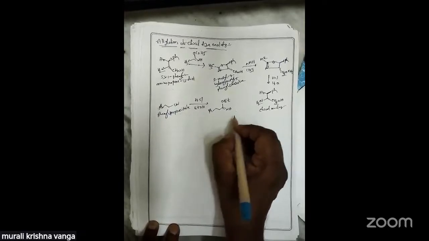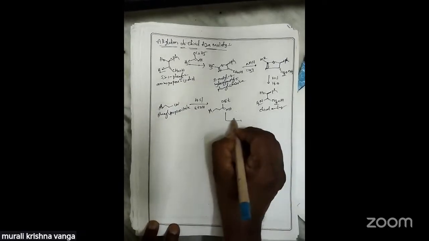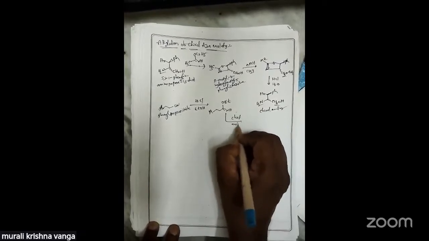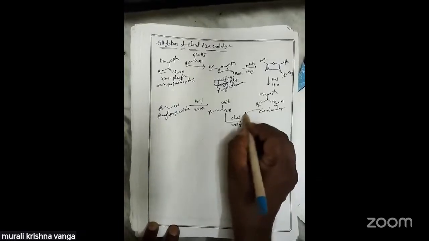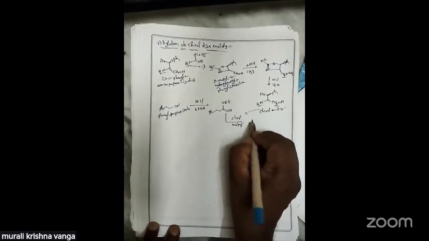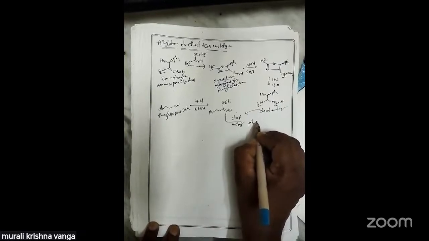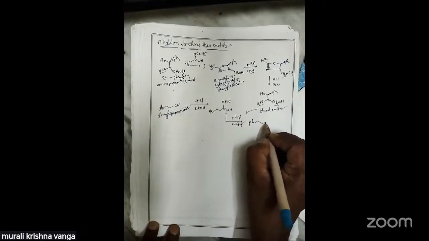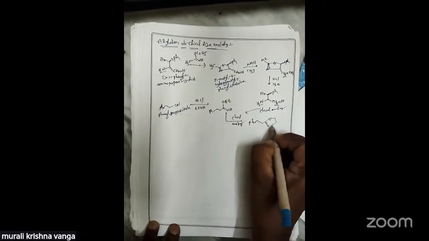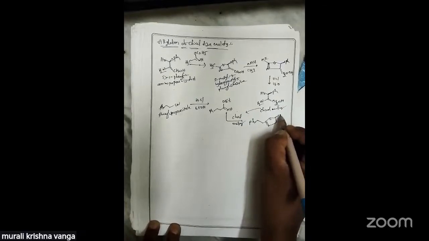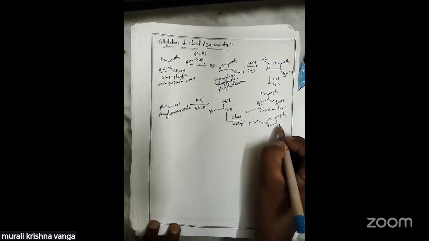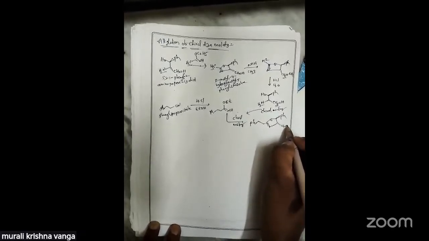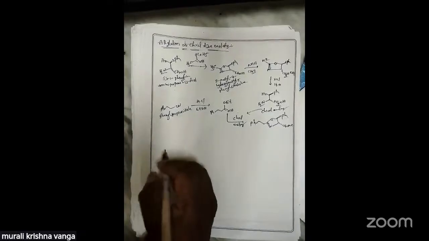This compound reacts with this chiral reagent, chiral auxiliary. This chiral auxiliary then gives this compound.